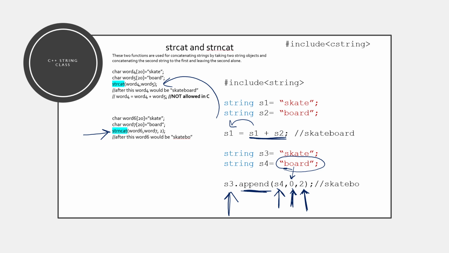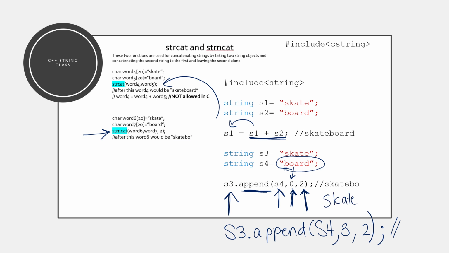So if I change this and I said S3 dot append from S4 starting at index 3, 2 characters, don't forget the semicolon, then we would have skateRD, because it's going to start at index 3.